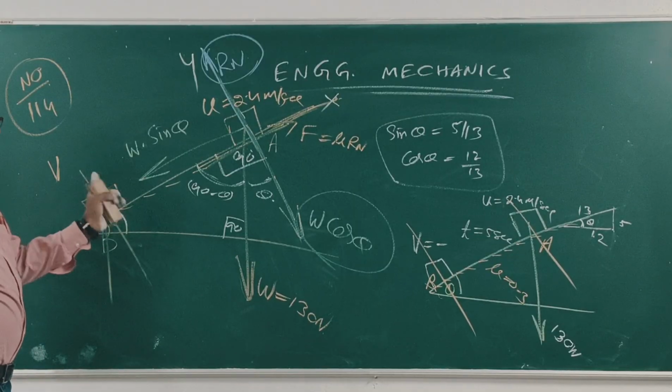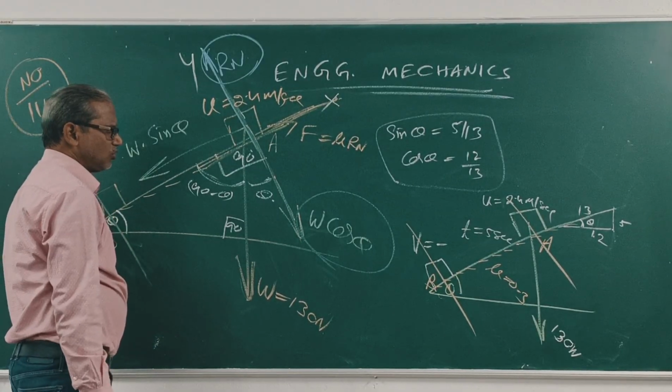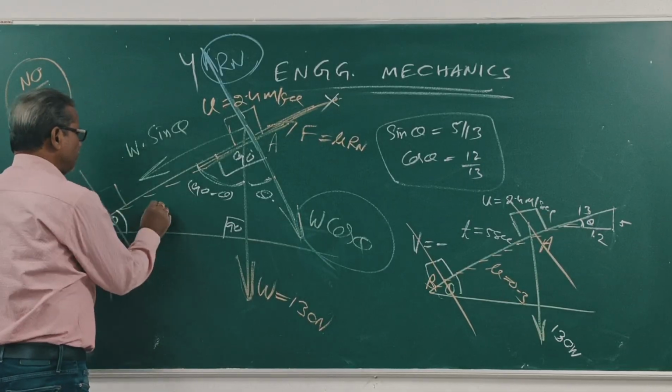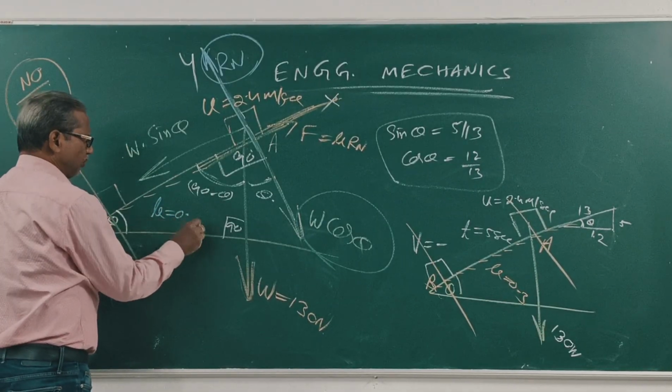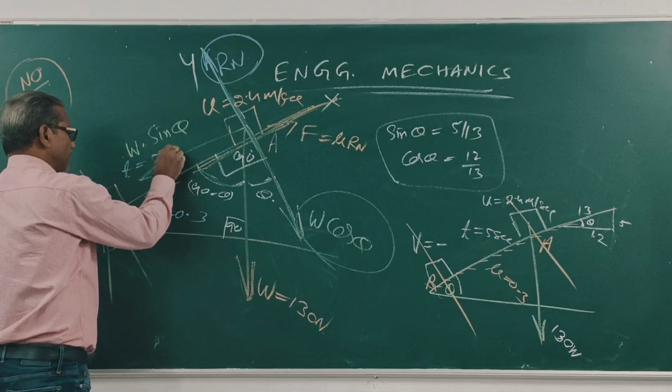The time taken from A to B is T, equal to 5 seconds, and mu is equal to 0.3.